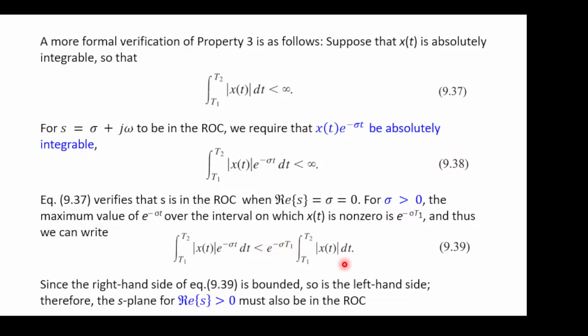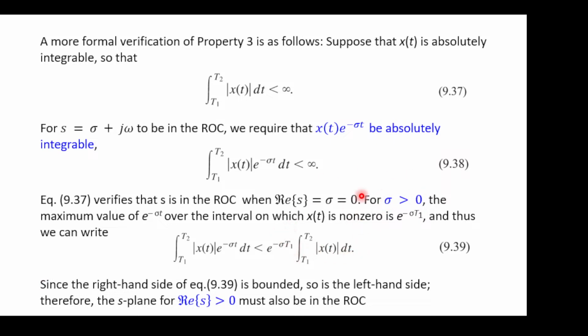So it's less than this value, and we know the second part is finite from the first equation, and this is also some finite value because if you have some sigma and some t1, this is just some number, so it's also a finite value. So for every sigma bigger than 0, this is a finite value.